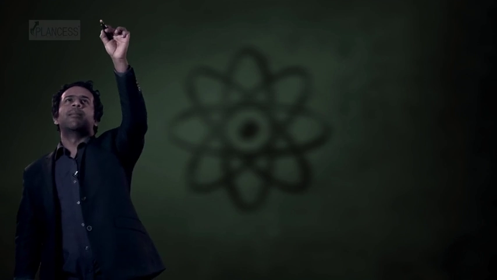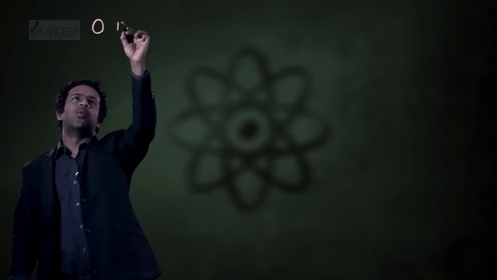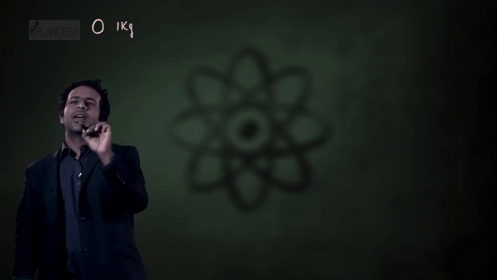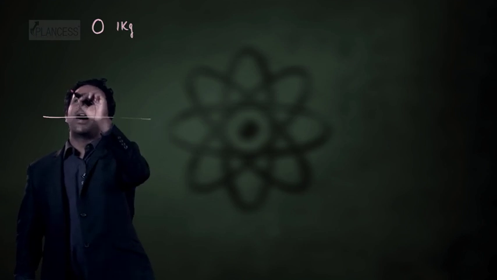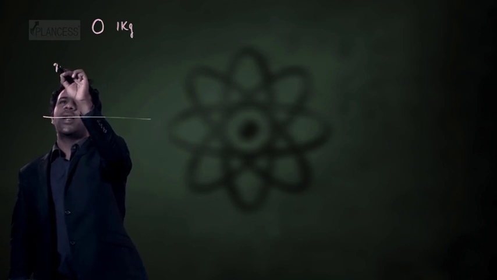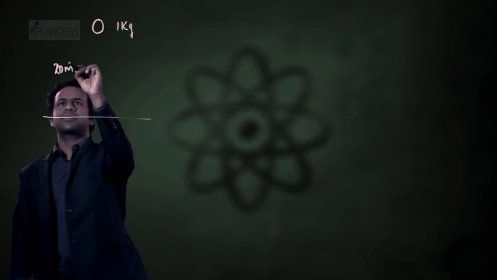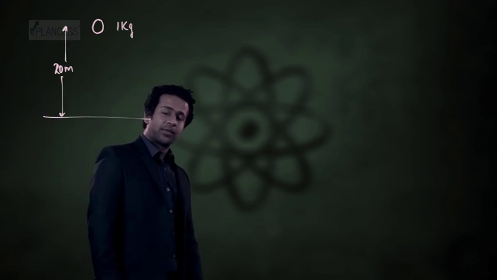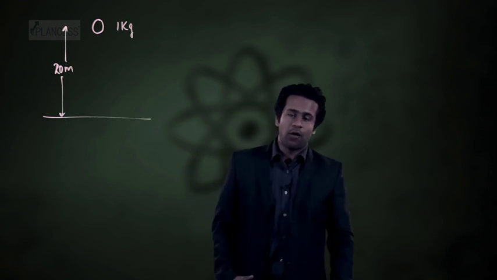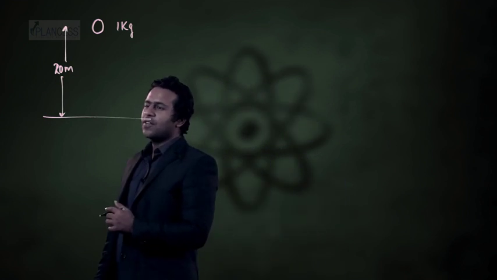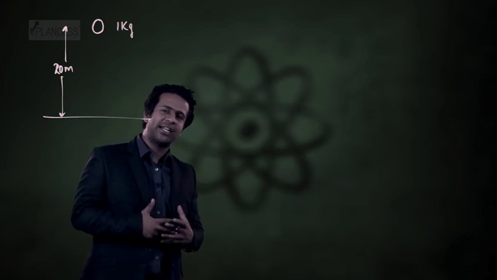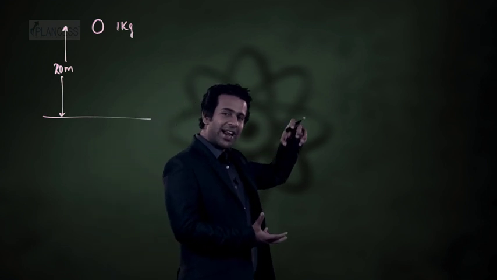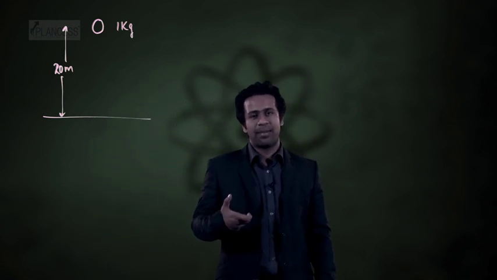Let's say that a ball of mass 1 kg is dropped from a height of 20 meters on ground. So when this ball falls on ground, obviously it will not immediately stop, but it will dig into the ground to some height.